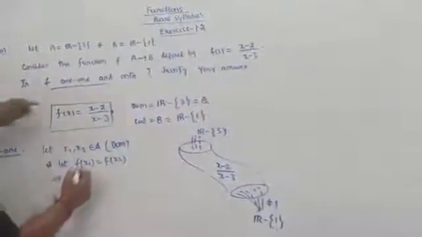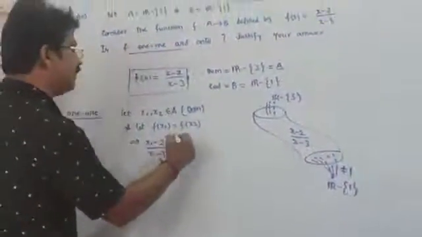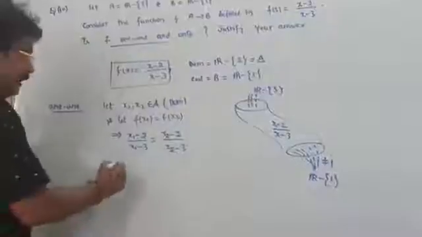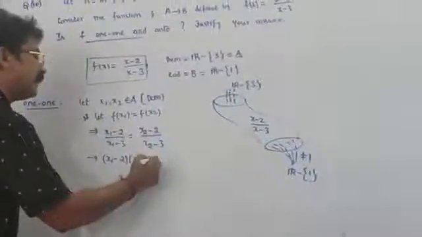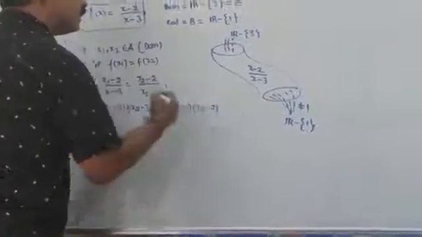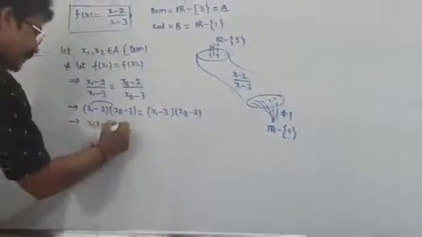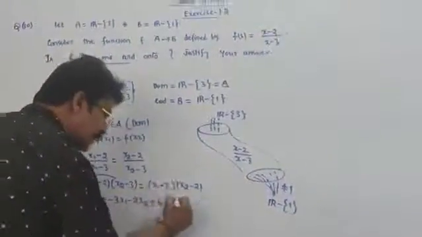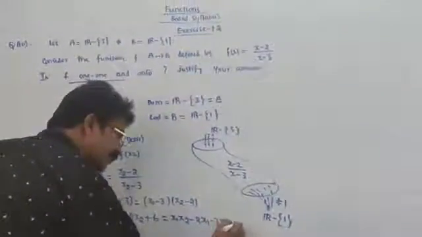So that implies f of x1, which is x1 minus 2 by x1 minus 3, is equal to x2 minus 2 by x2 minus 3. By cross multiplication, x1 minus 2 into x2 minus 3 is equal to x1 minus 3 into x2 minus 2. So that implies x1 x2 minus 3 x1 minus 2 x2 plus 6 is equal to x1 x2 minus 2 x1 minus 3 x2 plus 6.